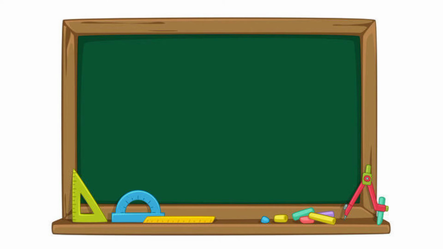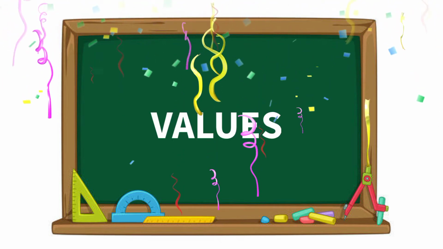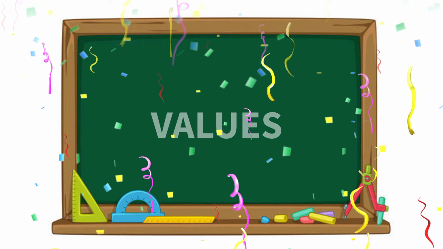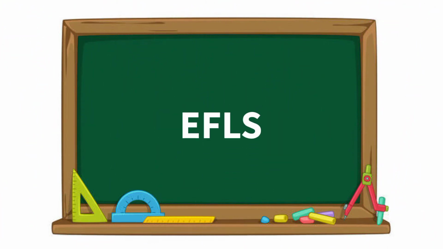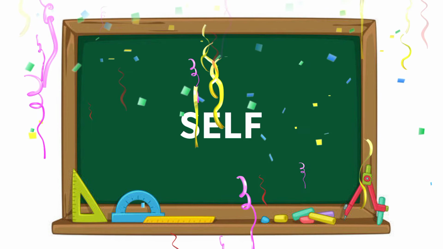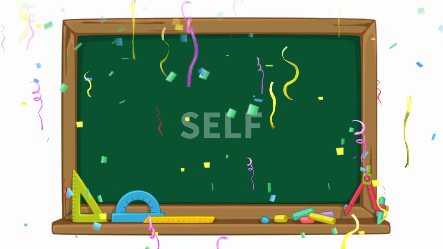The correct answer is values. And the last one? The correct answer is self. If you get all of it right, you are great.